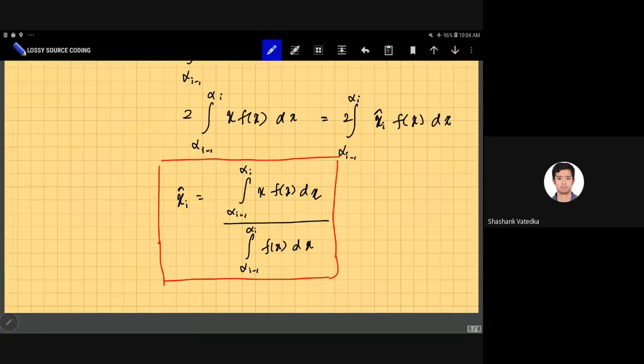So can one of you tell me what the right hand side is equal to in terms of the random variable x?